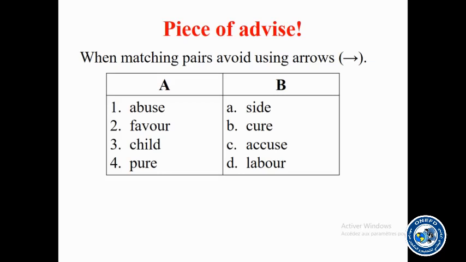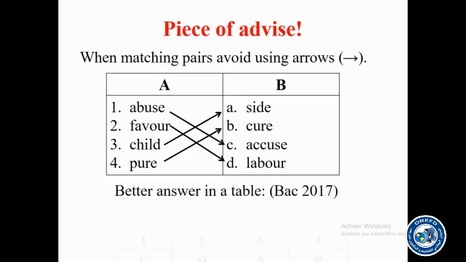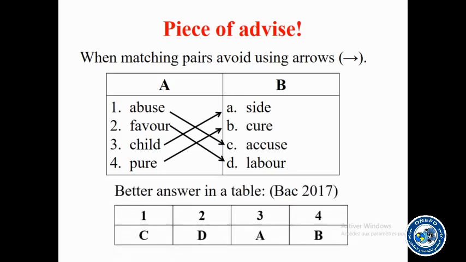They can confuse teachers who are going to correct your papers. You'd better use a table. You see, it's not so clear. You better use a table like this. And this example was taken from back in 2017.